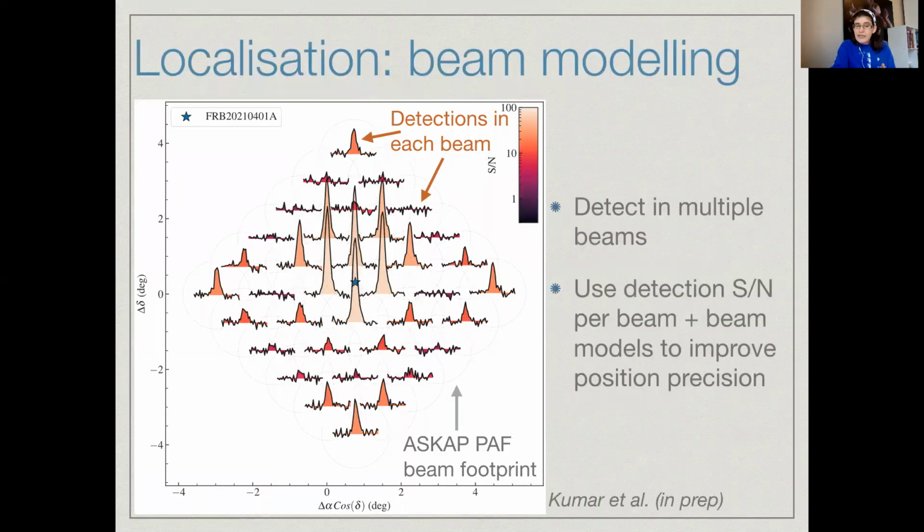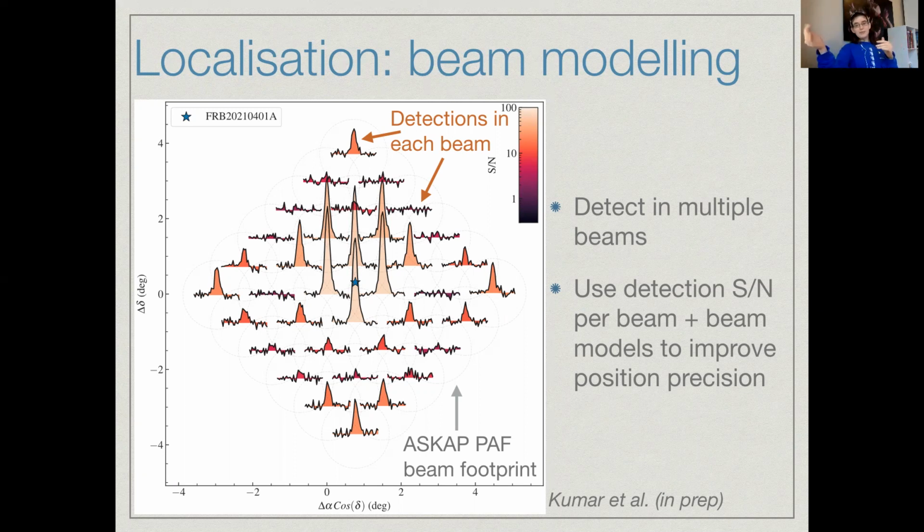All right, starting with the case of having only the intensity data, say we have an FRB that's detected in multiple beams. In the figure here, we have detections in several ASKAP beams with signal-to-noise ratios given in color. Now, the precision of the FRB position can be improved by combining both the detection signal-to-noise in each beam with beam models, essentially using this combined information to get a probability of where the FRB is in each detection beam and therefore where it is on the sky.